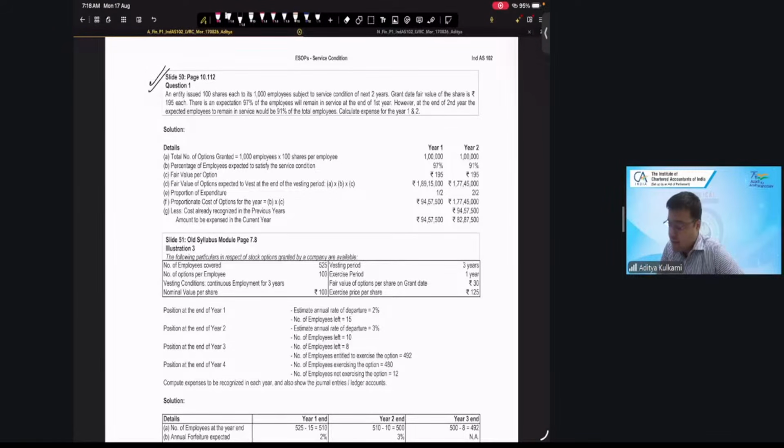However, at the end of the second year, the expected employees to remain in service would be 91% of the total employees. Calculate the expense for years 1 and 2. So just go through this right now. Take 2 minutes.